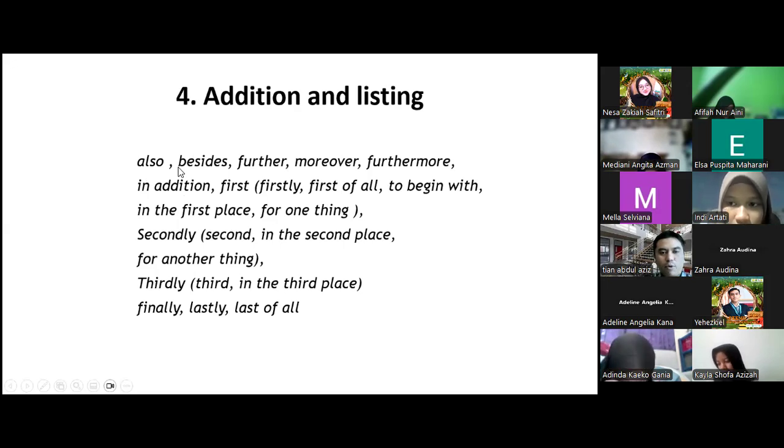For example: also, besides, further, moreover, furthermore, in addition, first, secondly, thirdly, finally, lastly, last of all. Here we see the order of something.